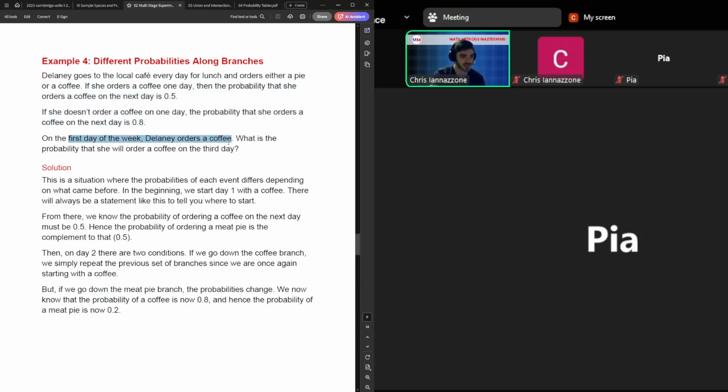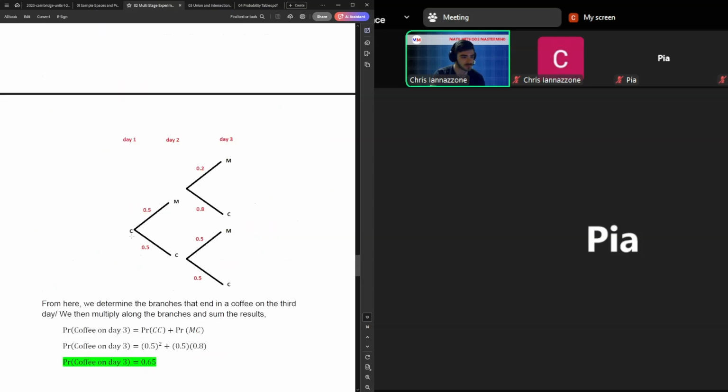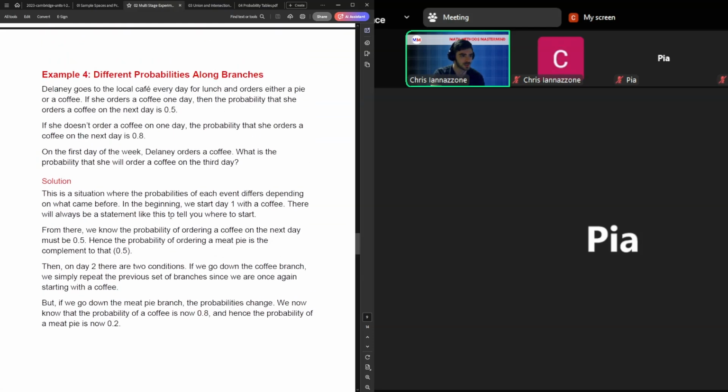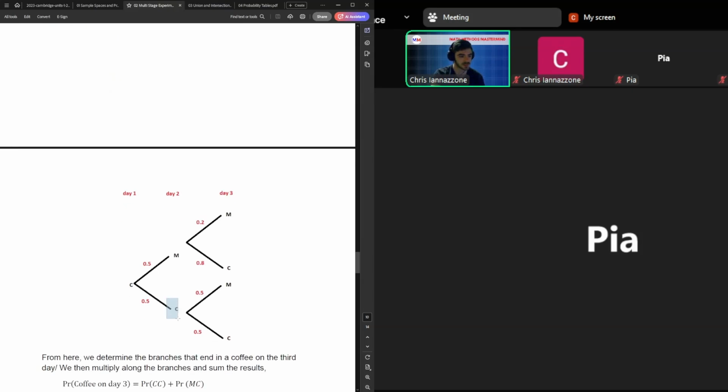Anyway, we're told we start with a coffee, which means at the very beginning of your tree diagram, you should have a C there, or coffee, however you want to simplify that. From there, because we started with a coffee, this statement applies. A coffee was ordered, so next day coffee must be 0.5. That's this bit here.